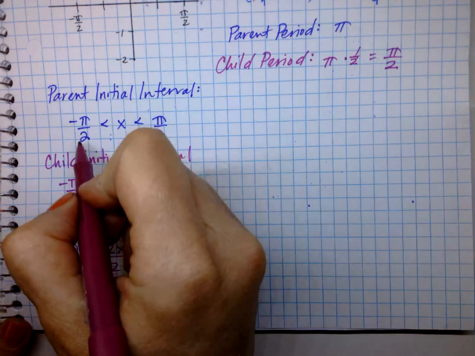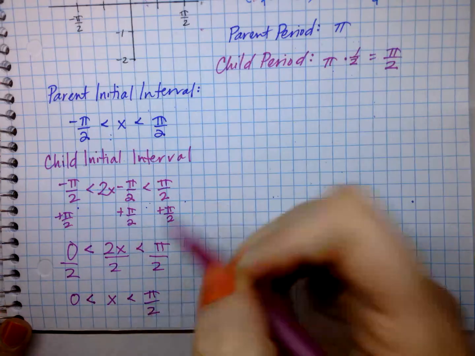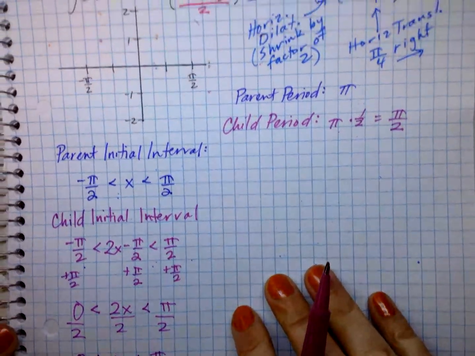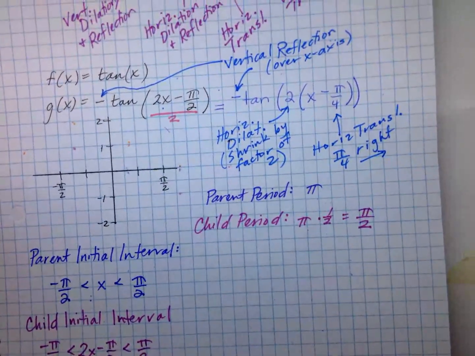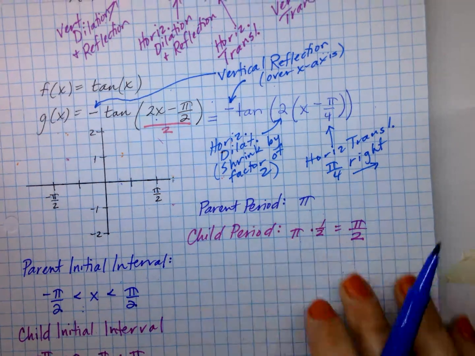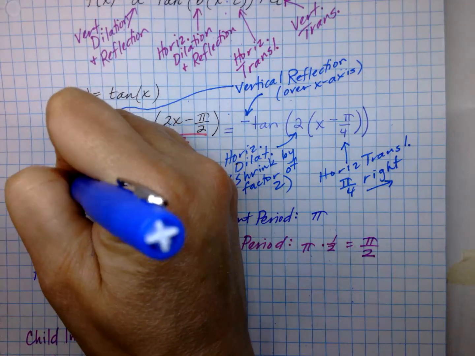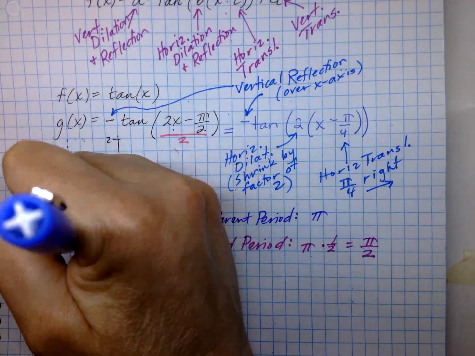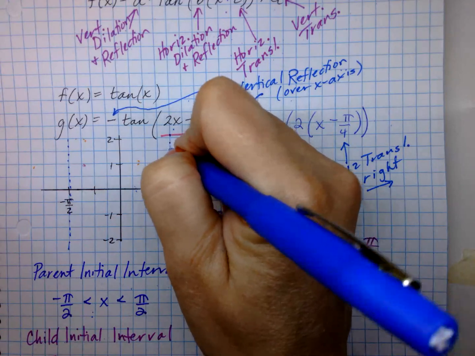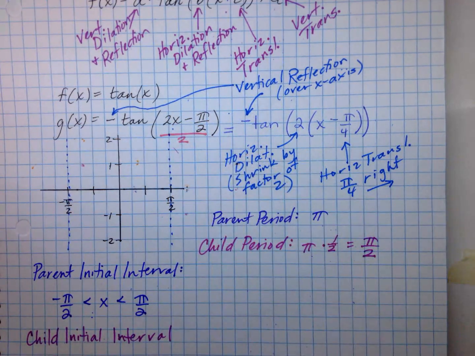So the initial interval was from negative pi over 2 to pi over 2. The new one is from 0 to pi over 2. Let's see what that looks like on the graph. All right, so the original parent function, I'll put this in blue, but I'm going to do it with some dashed lines. The original parent function for tangent is from here to here.